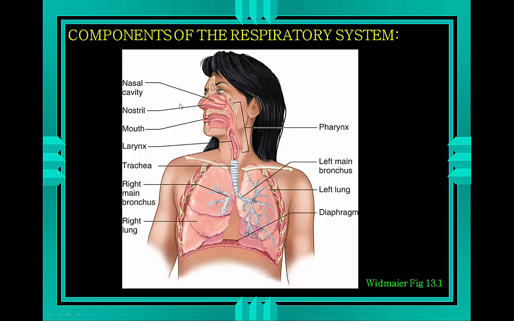A disadvantage of breathing through the nose, however, is that the apertures through which we breathe, that is the nares or the nostrils, offer a significant resistance to the movement of large volumes of air. So for example, if you're exercising intensely and you need to breathe in large volumes of air, it's more difficult to do so through the nostrils because of their size offering quite a large resistance to the movement, because of their small diameter.